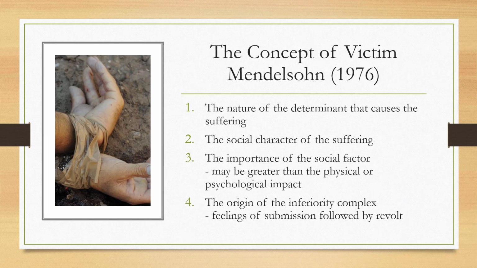So the first person to look at a victim in a scientific or systematic way was Mendelsohn. And so he said that victimhood featured four fundamental criteria, right? So you are a victim, right?